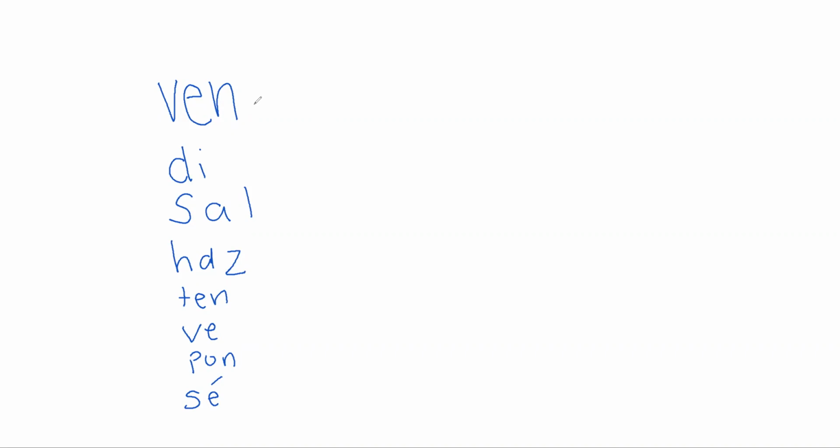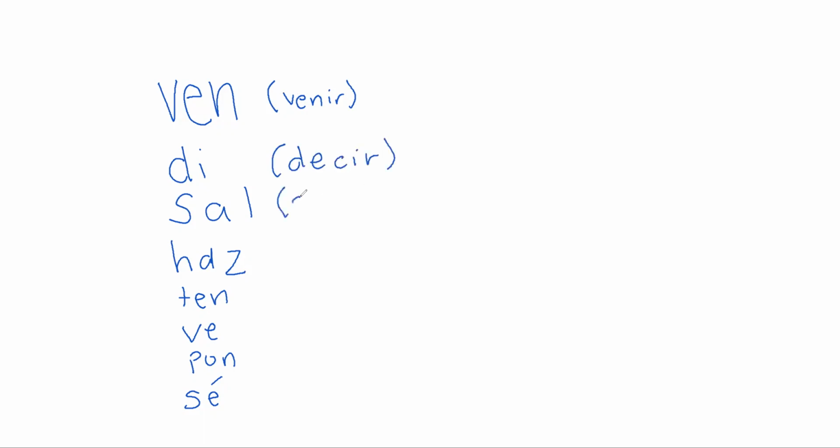Now, ven means come. It's coming from the verb venir. But again, this is only to say, come here. Ven aquí, ven acá. It is not the negative form, so we can't put no in front of this. It's a whole different conjugation. We get to the negatives with tú commands. Di comes from decir.